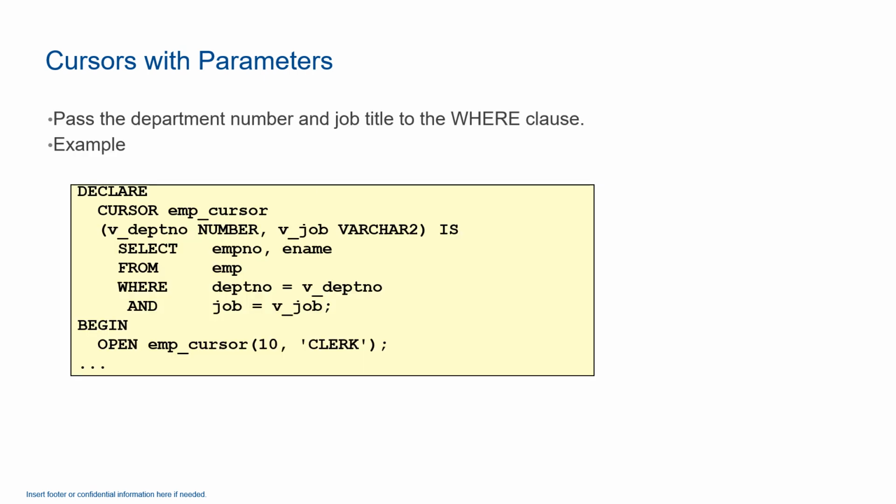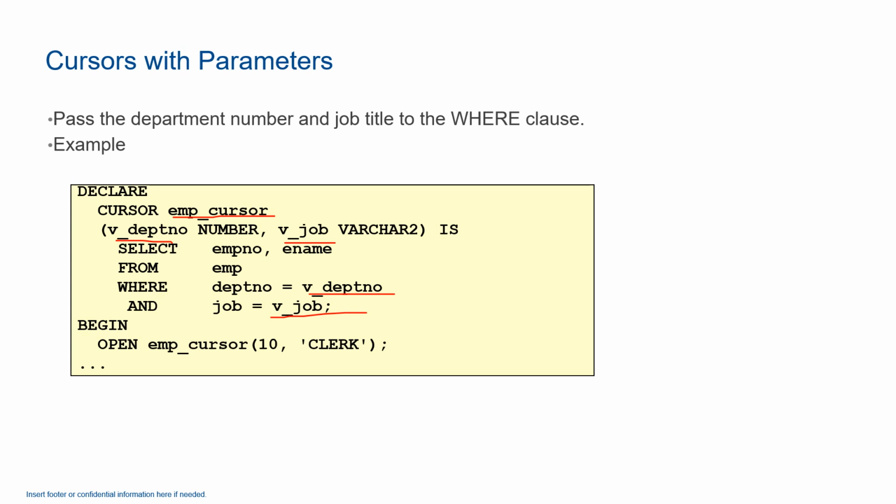Here is an example where we have defined a cursor, employee cursor. We have given parameters v_department and v_job. The query is select employee number and employee name from employee where department number is v_department and job is v_job.